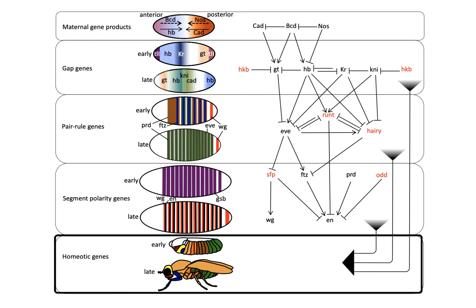Then on top of that, all of this feeds into producing a segmented animal that can crawl around like a slug, and then you have these homeotic genes start to take effect, especially in this early development, and then pupation, and finally the adult.